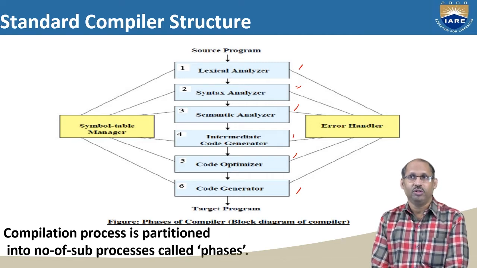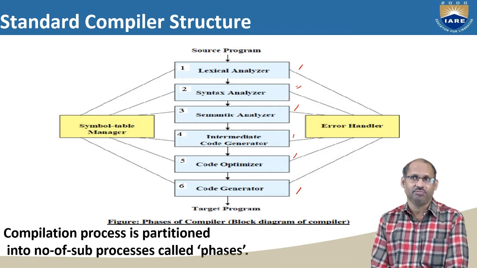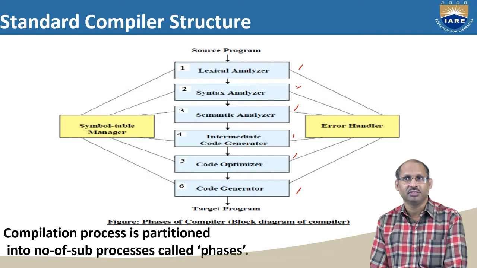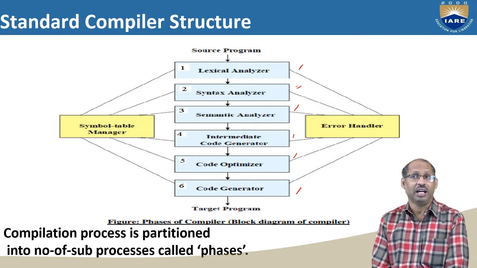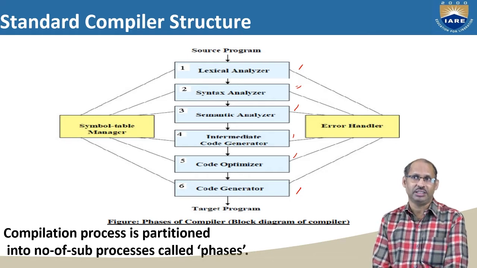For example, the mod operator should have an integer. If it has a float variable, it will generate the error message. Array index should be an integer. If it has a float value or a double variable, then the semantic analyzer will generate the error message.